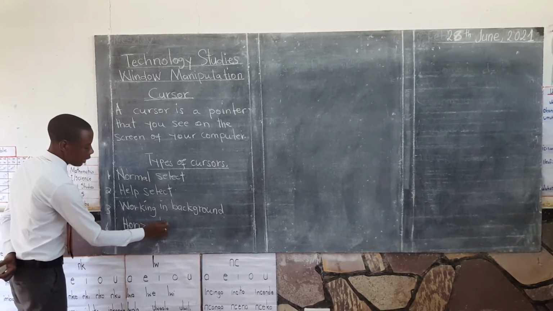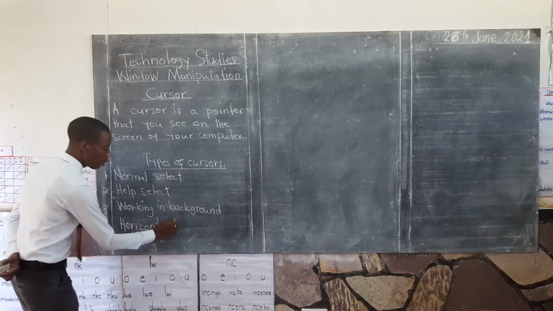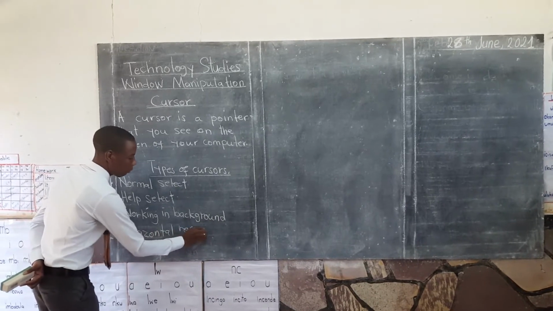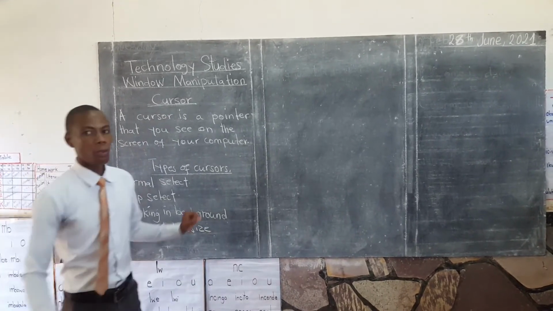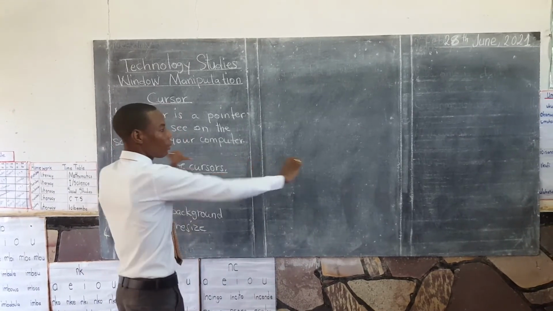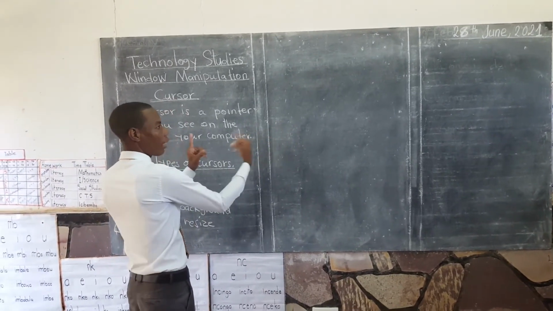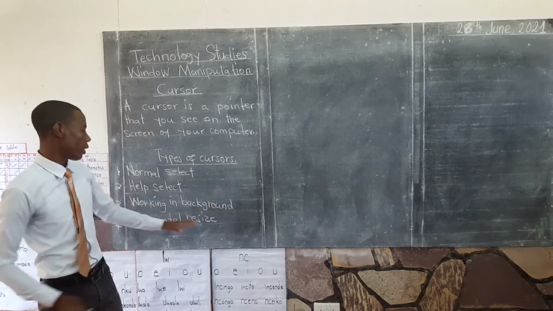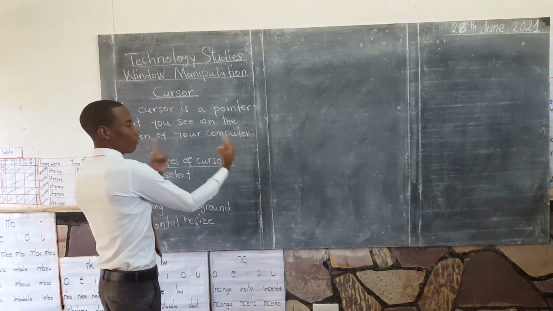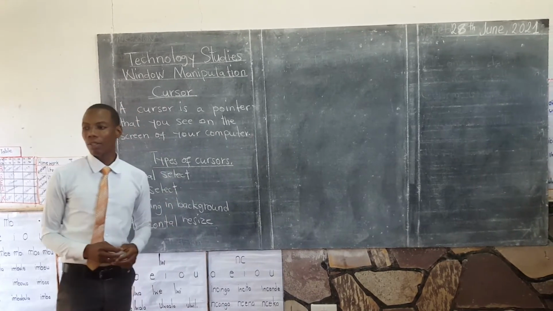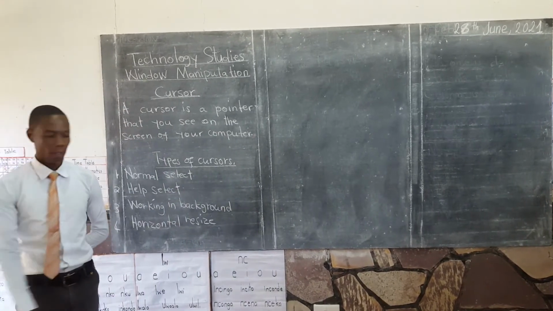The horizontal resize cursor helps you to change the size of the window in this direction. The cursor that helps you to resize the window from the sides, we call a horizontal resize.